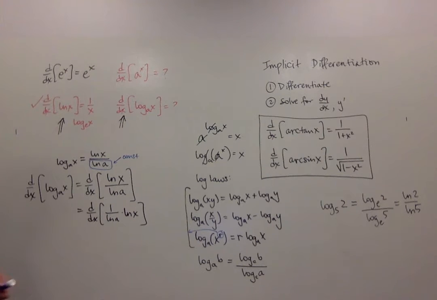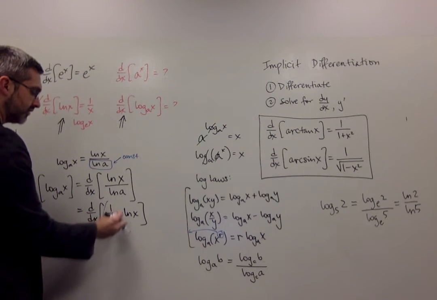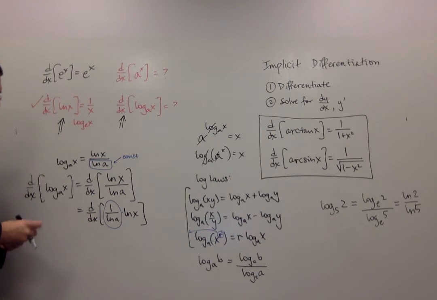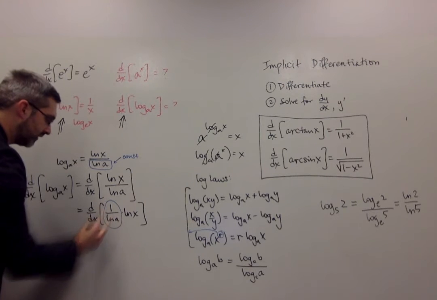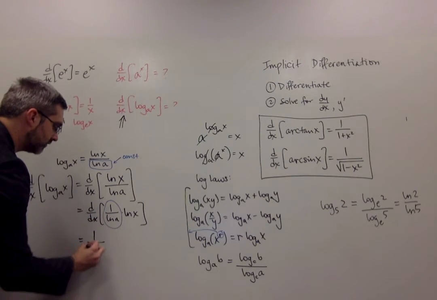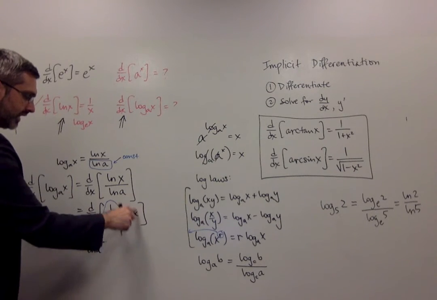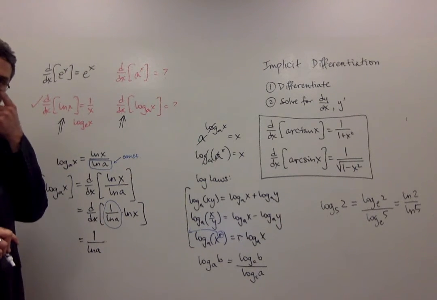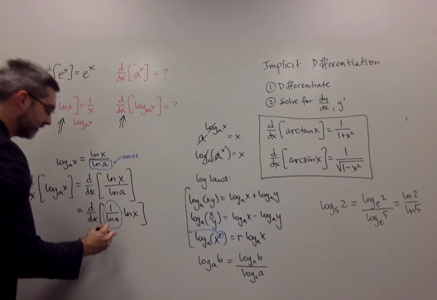So I'm going to pull that out. In order to differentiate, my constant multiple rule says leave the front constant alone and just differentiate this other function. The derivative of natural log is 1 over x.